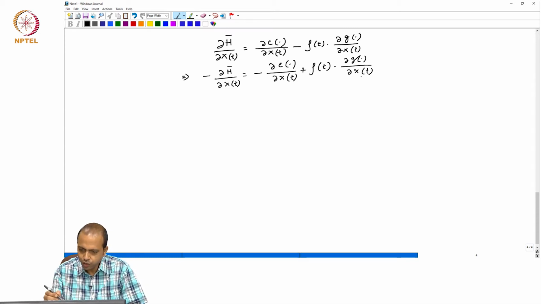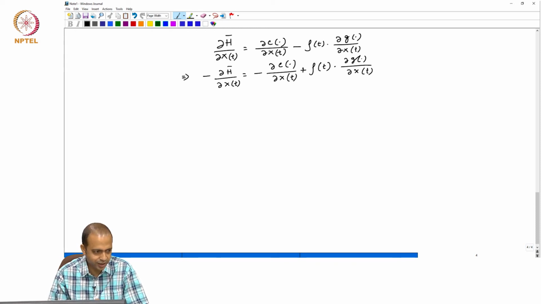Now, what we will do with this minus del H bar del x t: we will put the value from our earlier condition.